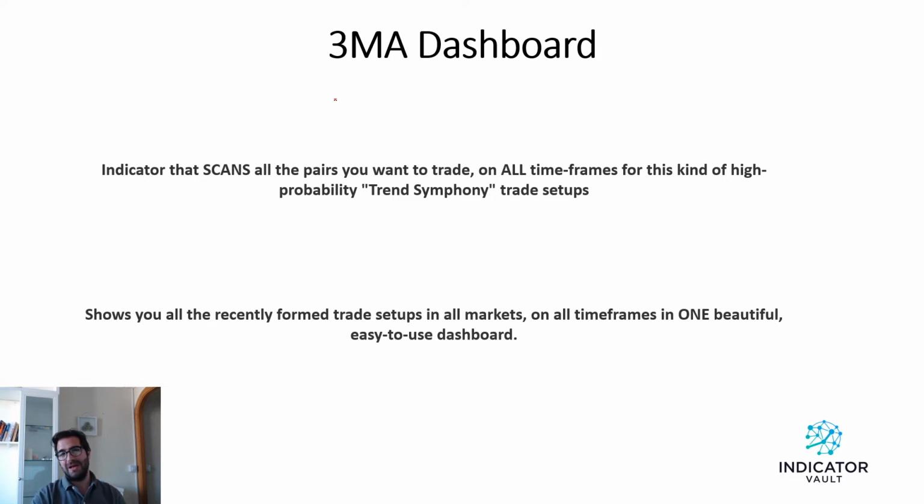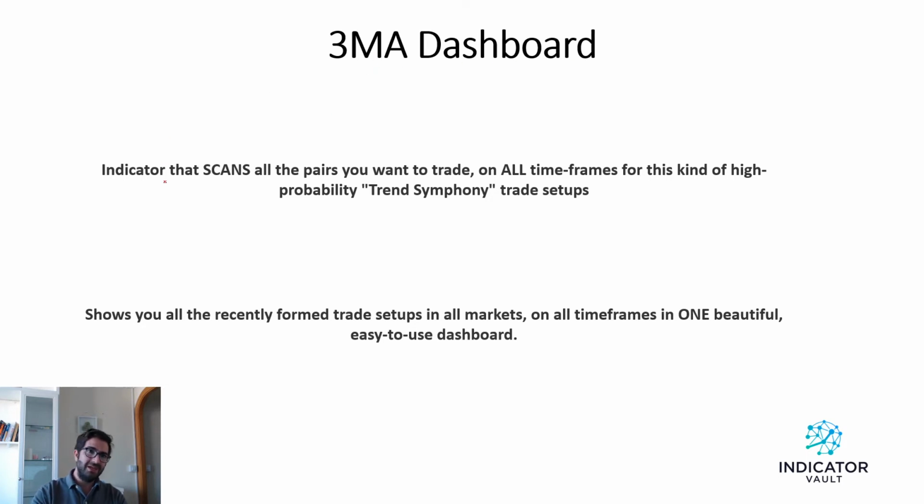One of our happy customers that used to use Trend Symphony asked us how he can see all the assets that he is trading and all the time frames, let's say, in one dashboard to come up with trading ideas. So he needed a dashboard where he can see the direction and whether to buy or sell in one dashboard. He gave us an idea: why don't we create such an indicator or product, and this is where we came up with this 3MA dashboard.